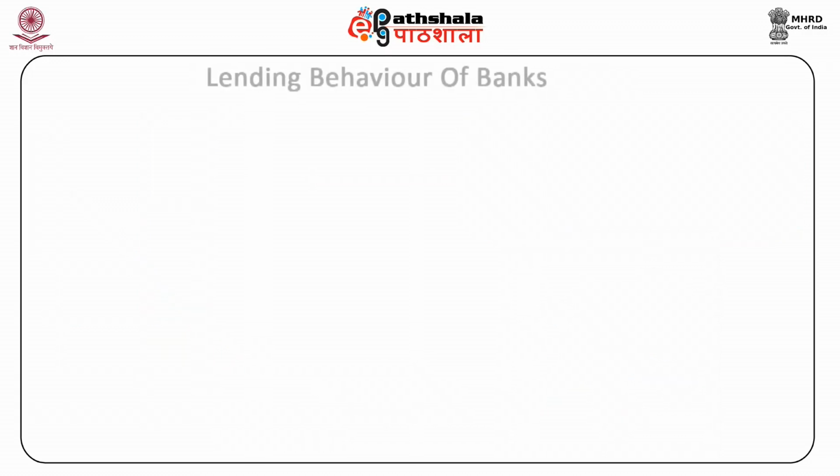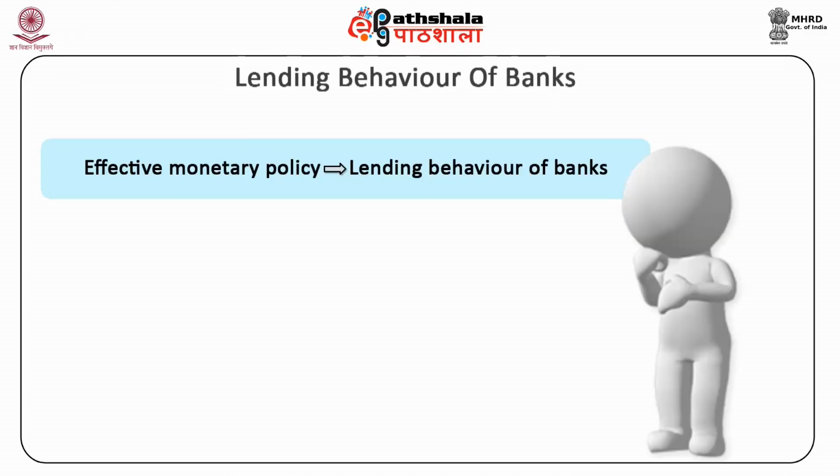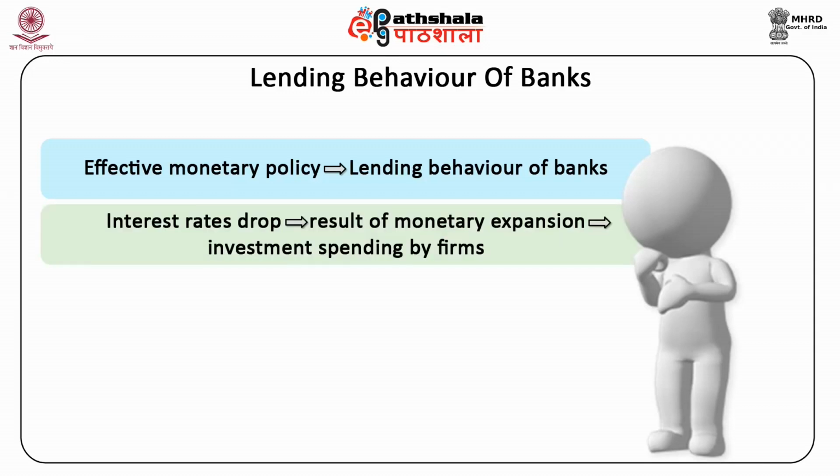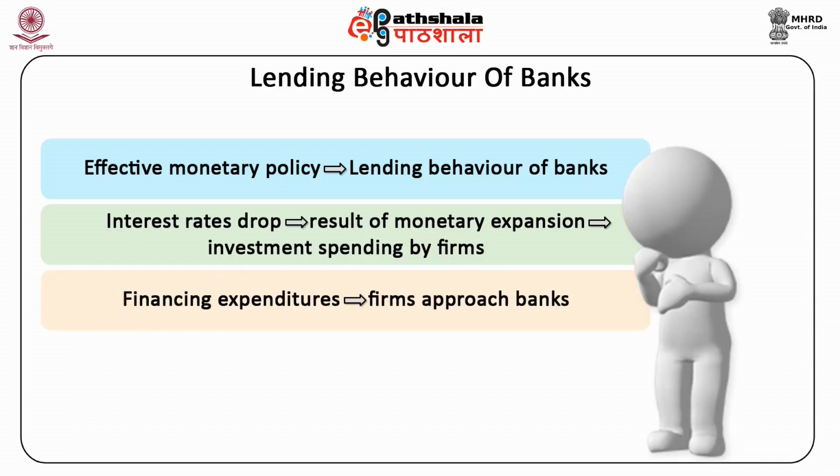Then we have lending behavior of banks. For monetary policy to be effective, an important factor is the lending behavior of banks. When interest rates drop as a result of monetary expansion, this encourages investment spending by the firms in the economy because of lower cost of investment. For financing investment expenditures, firms approach banks.